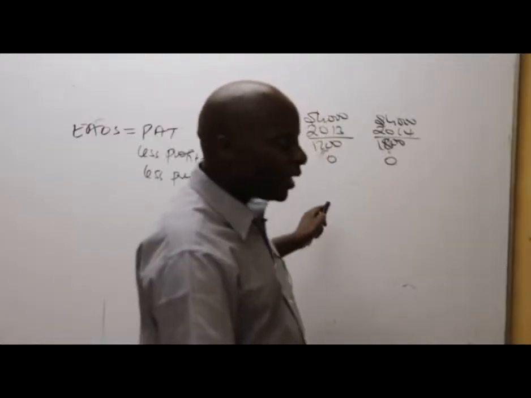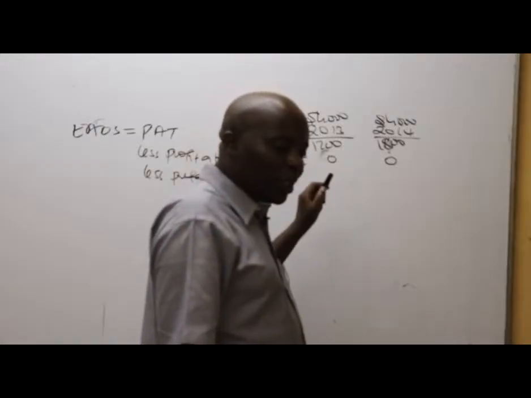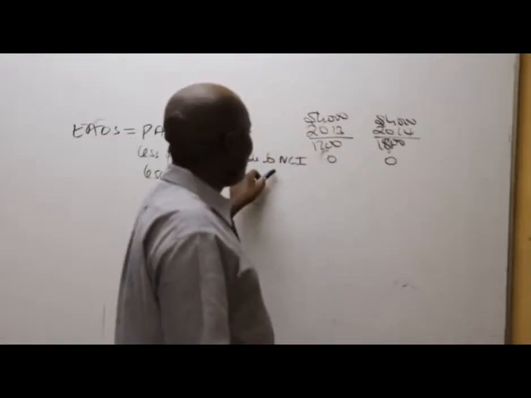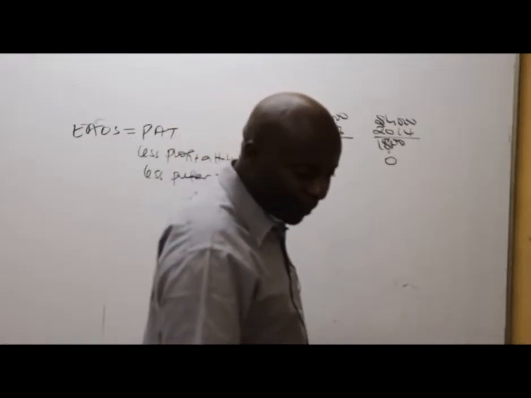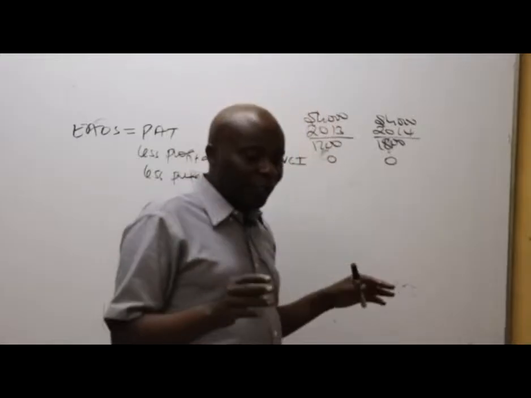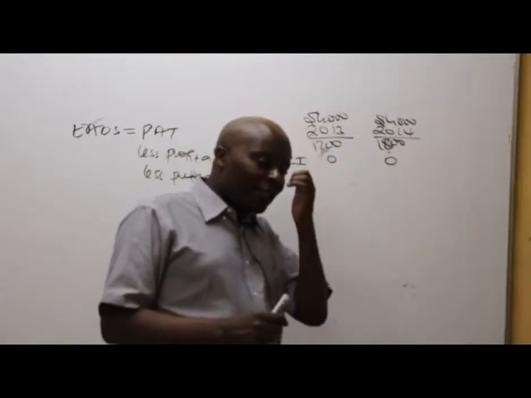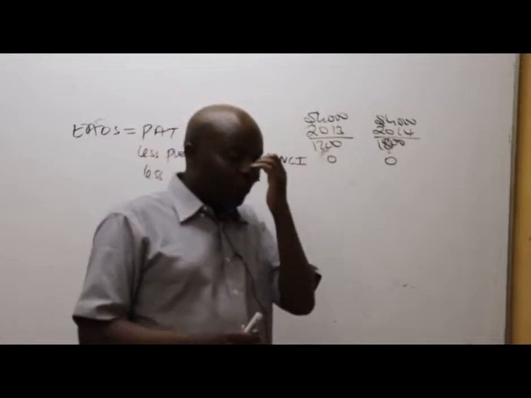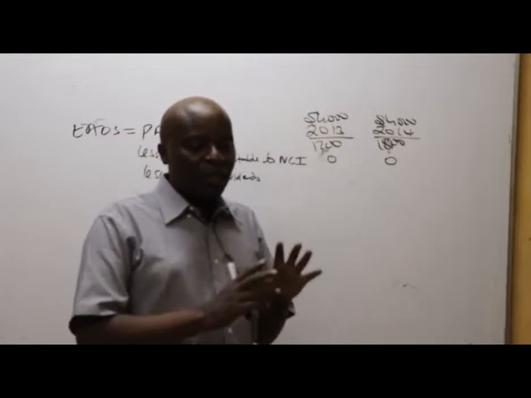What affects earnings attributable to ordinary shareholders, ladies and gentlemen, is straight away the profit attributable to NCI and preference dividends. Even if it was included, it doesn't matter. Whenever you hear anything to do with profit like discontinued operations, do not bring its adjustments here.